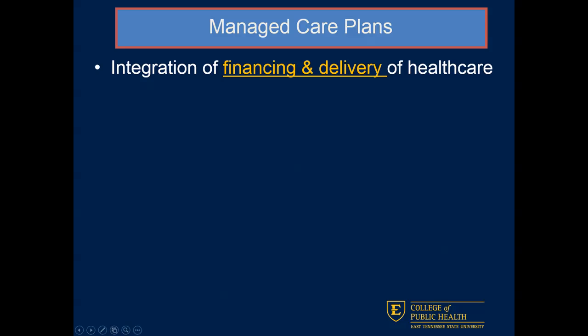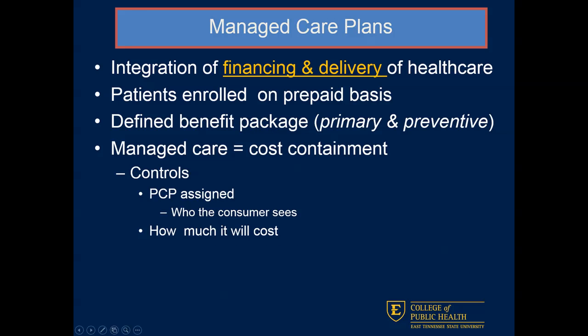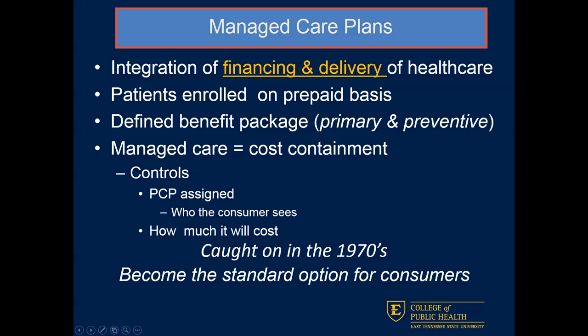So managed care plans, let me get the information out here. Managed care plans, how they're set up and how they work and their purpose is to combine the financing and the delivery system.